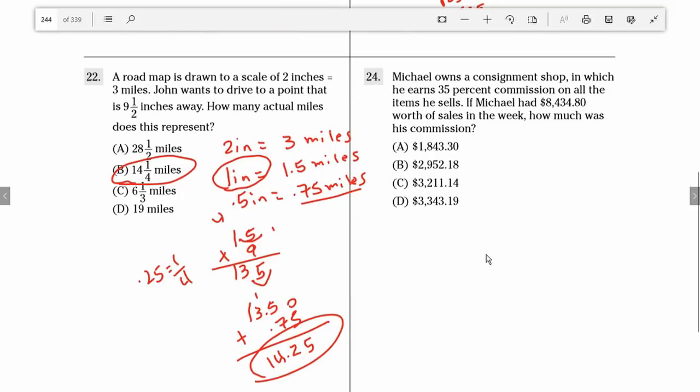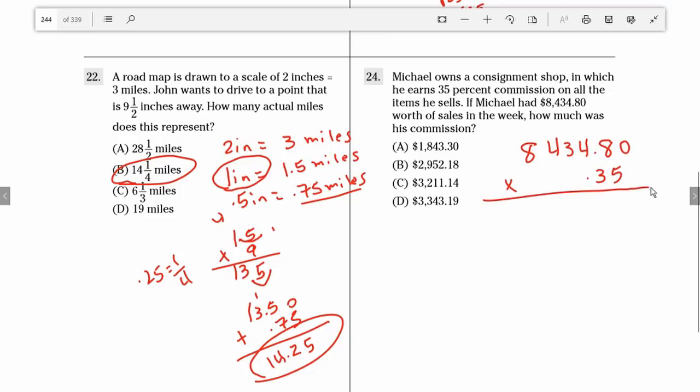24. Michael owns a consignment shop in which he earns 35% commission on items he sells. If Michael had $8,434.80 worth of sales in the week, how much was his commission? So we're going to take 8,434.8 and multiply that by 0.35.